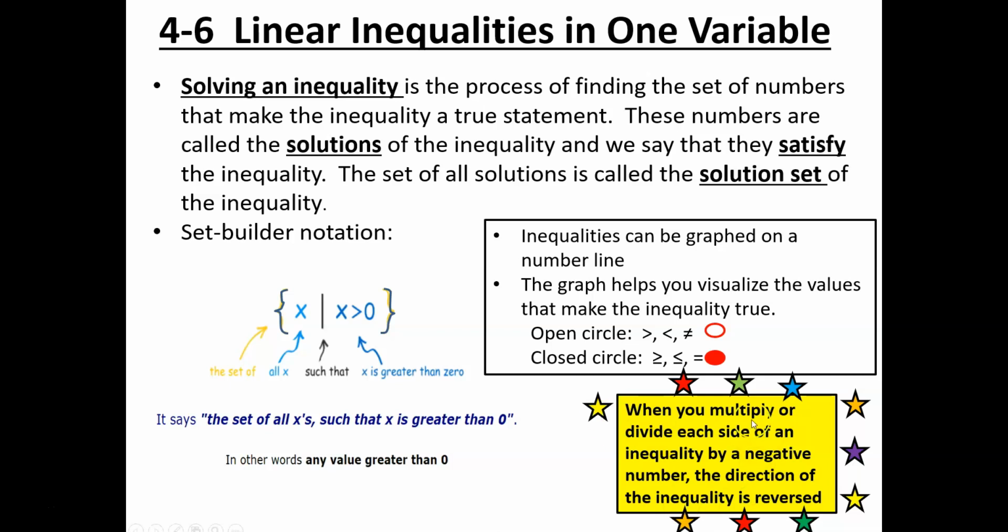So if we're multiplying or dividing by a negative number, you've got to flip the inequality. Okay? That's really important in case the highlighting and stars didn't clue you in.